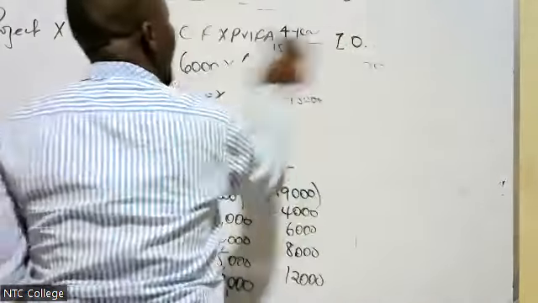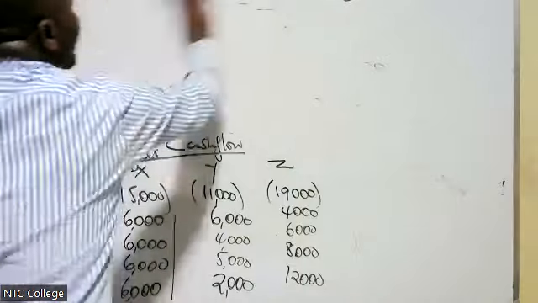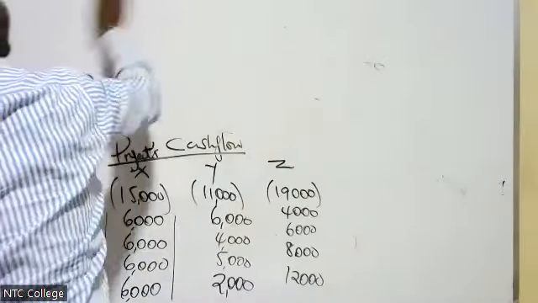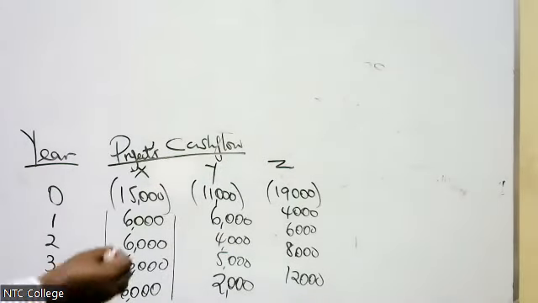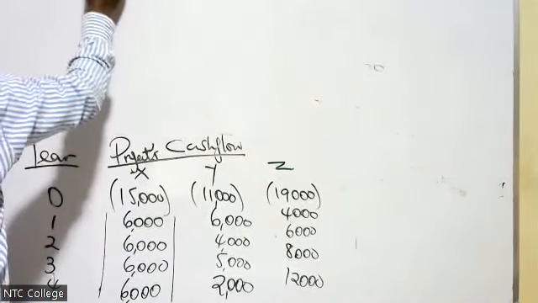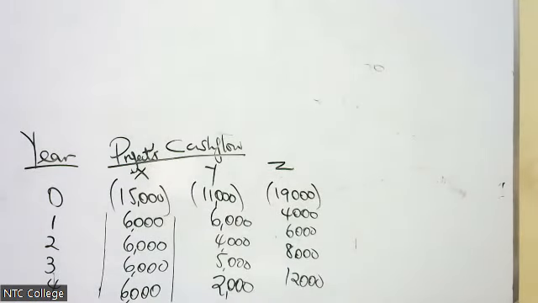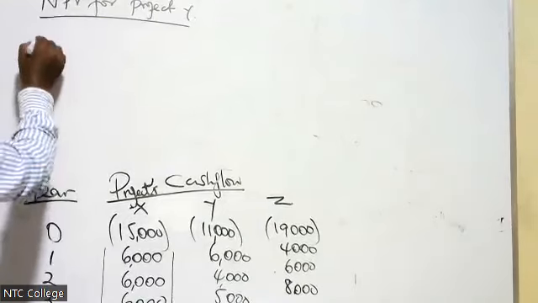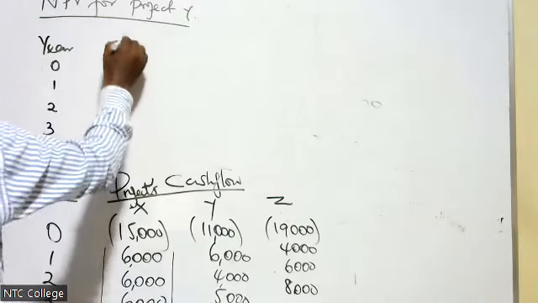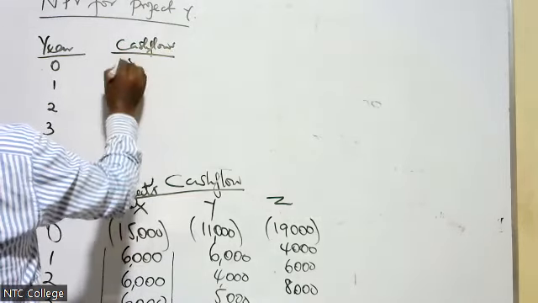Now let's get to project Y. NPV for project Y. We have year 0, 1, 2, 3, 4. We have cash flows.